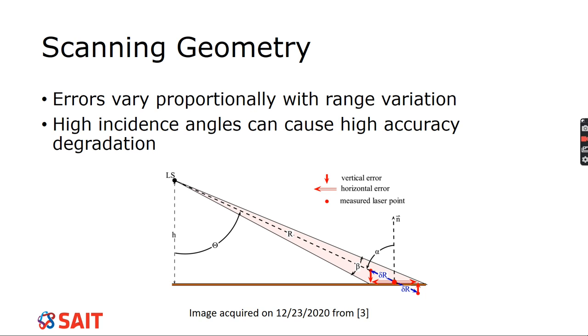So just like thinking about the scanner geometry and how these errors really propagate. If we have a vertical error, we can see that the point down here is what we really want to measure, but sometimes these vertical errors can happen. And then we also have horizontal errors that go back and forth within that beam width.